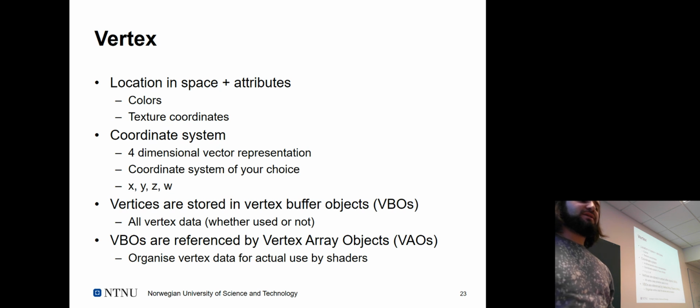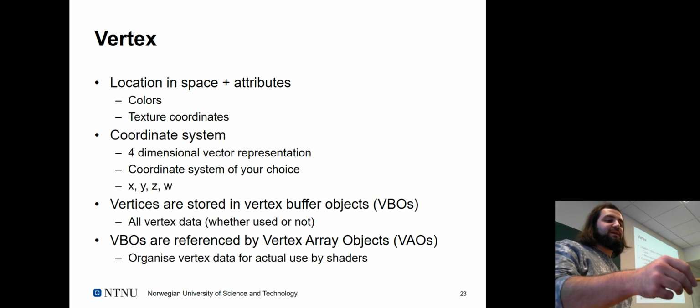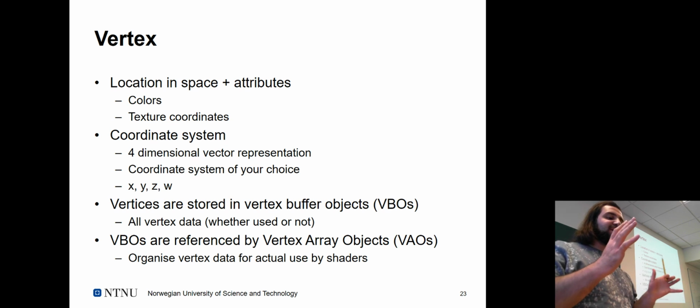It is also used for normalization. Usually w is equal to 1, but if we change the value of w, it means division of x, y, z by this number, and we make some normalization or manipulation.